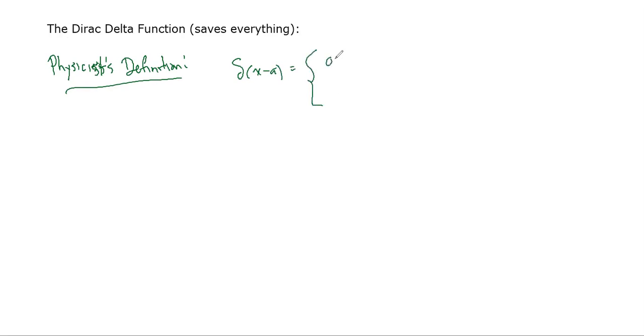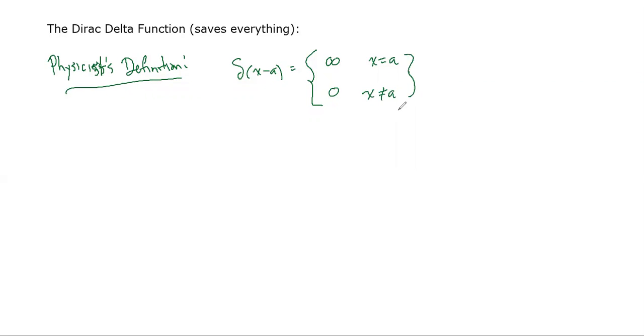So this is the physics definition of the Dirac delta function. The Dirac delta function is infinity when x equals a and is 0 when x does not equal a.